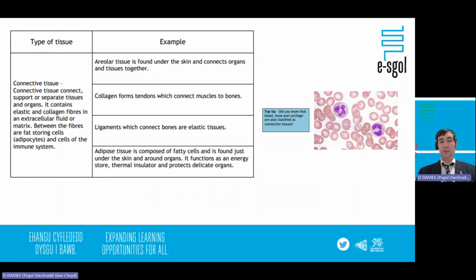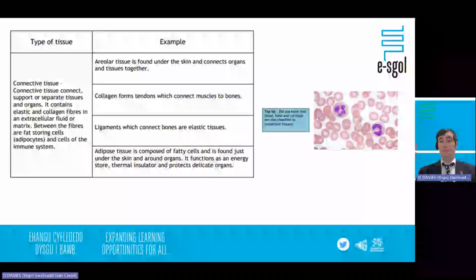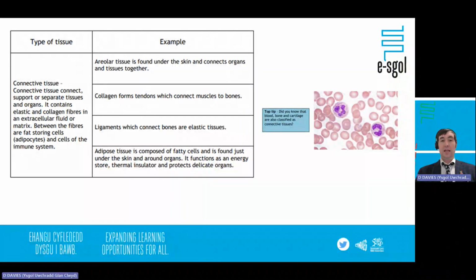Collagen is in tendons, which connect muscles to bones. Ligaments connect bones to bones. Both of these are slightly elastic. If you have ever snapped one of these, you'll know it's very painful and they take an awful long time to heal. That's due to a poor blood supply to them.